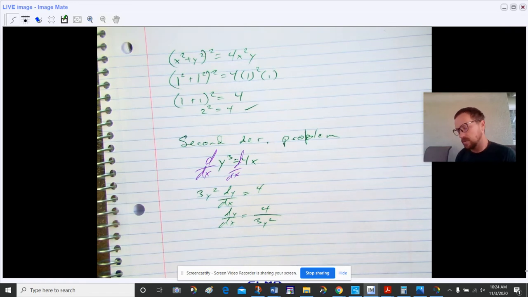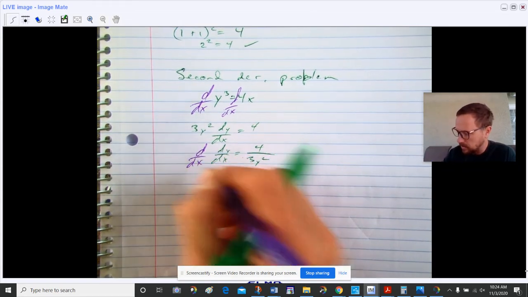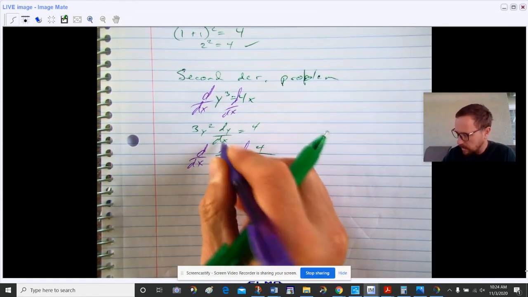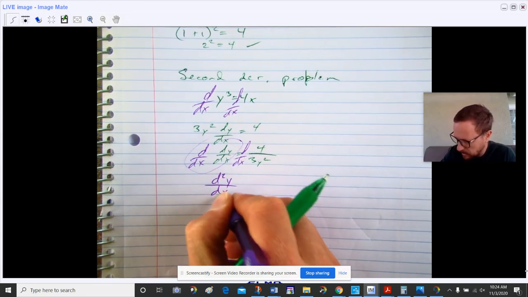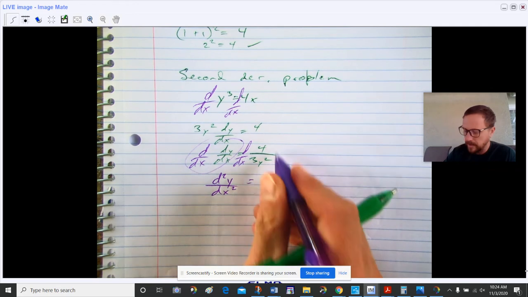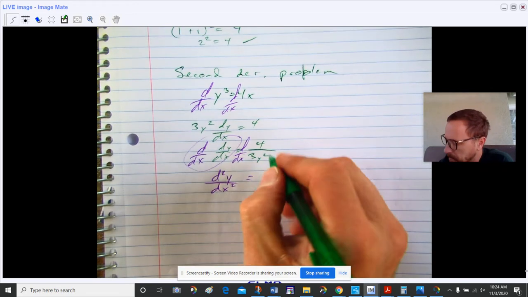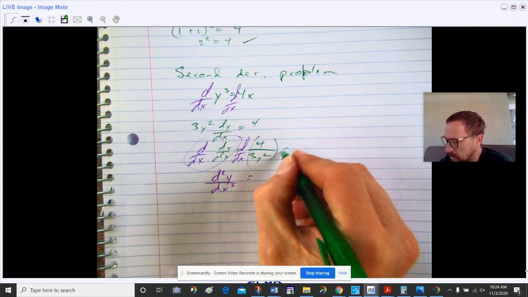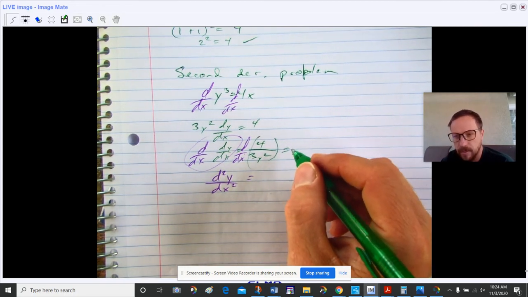Okay, now what we want to do is, that's our first derivative, so we have to take the derivative again. So d over dx to both sides. Now on this side, we write d squared y over dx squared. That's how we write that. Over here, we could look at it a couple of different ways, but what would probably be the easiest is to rewrite this with a negative exponent.